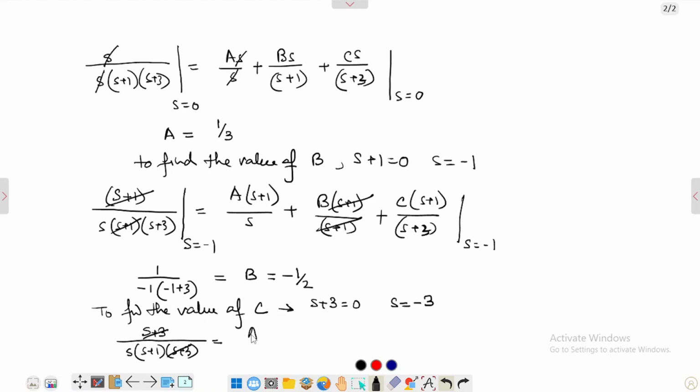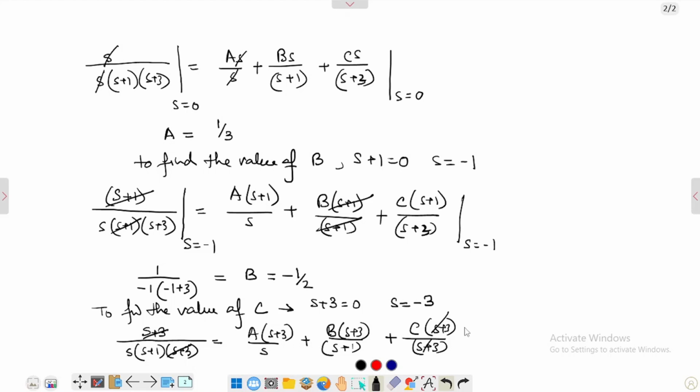Here I will have A by s times (s plus 2), then B by (s plus 1) times (s plus 2), and then I get C times (s plus 2) by (s plus 2).